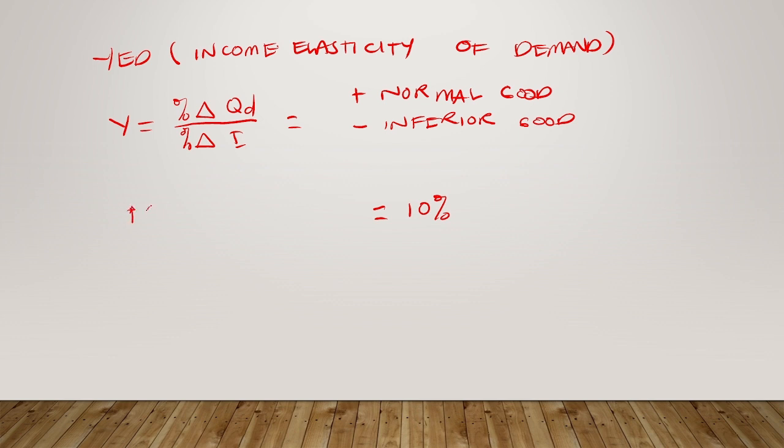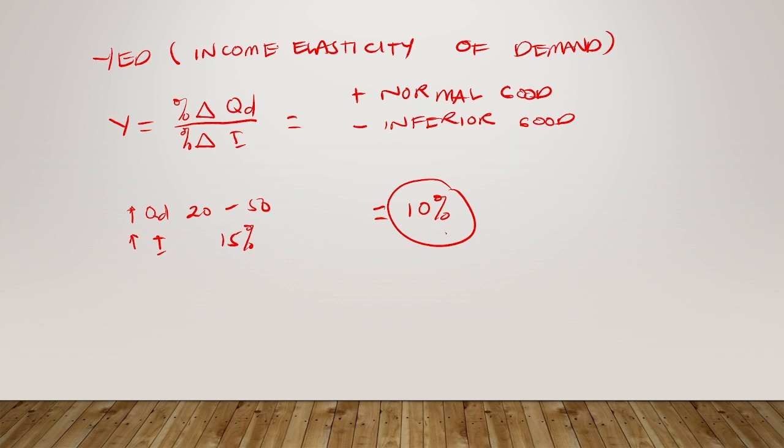QD increased from 20 to 50, then income increased by 15%. So with an answer of 10, therefore it's a normal good. So be careful with the sign, whether it's negative or positive, so you can tell if it's inferior or normal good.